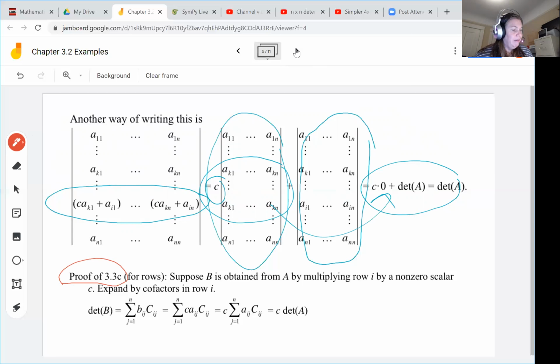Theorem 3.3c says when B is obtained from A by multiplying a row, or you could swap it out to a column of A, by a non-zero constant C, then the determinant of B equals C times the determinant of A. So here we are swapping out each entry b_ij with the constant C times a_ij, still multiplied by the cofactors c_ij that are going to cycle through all the indices. And then we know by properties of sums from calculus, you can pull the constant C out front. And so that's just C times this here, which is the determinant of A.